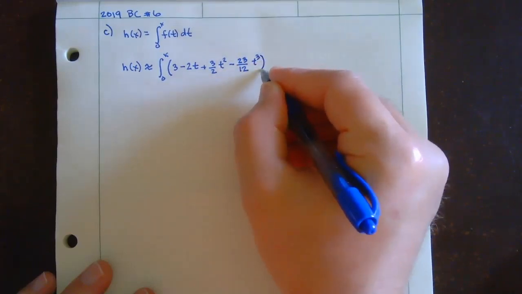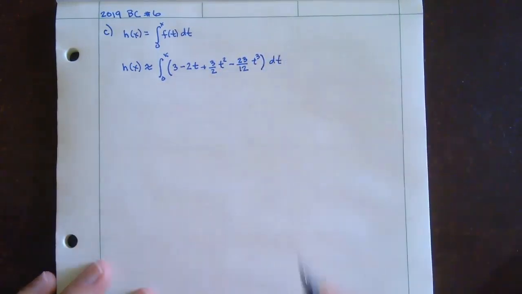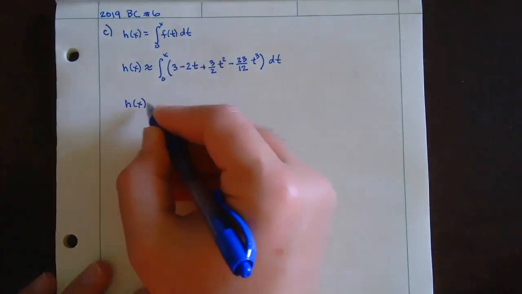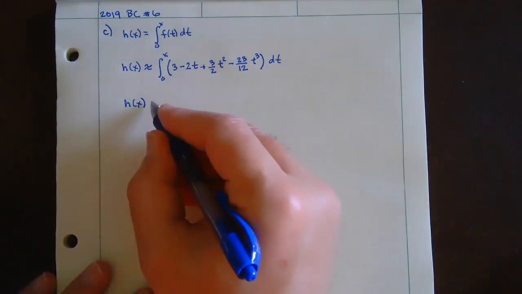And I'm going to close my parenthesis and then dt. Okay, so that means h of x is approximate, and we're going to just start taking the integral, okay?